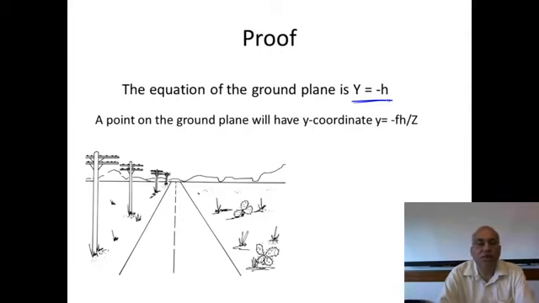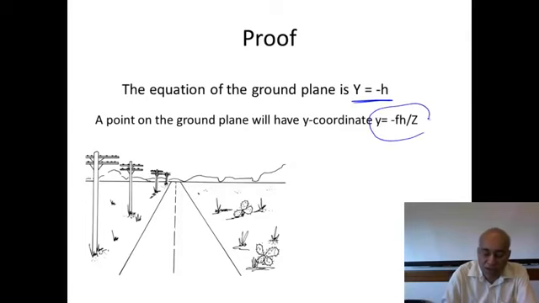So think of h as the height of the camera or the person taking the picture. So if the equation of the ground plane is y equals minus h, then any point in the ground plane is going to project to a y coordinate which is y equals minus fh over z. So that's just from the equation of perspective projection.